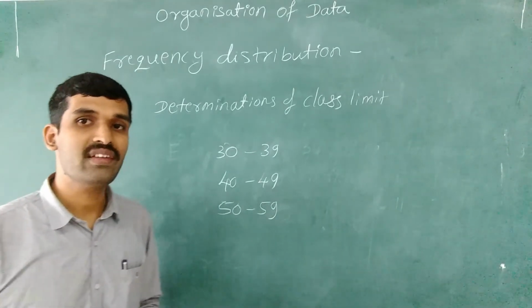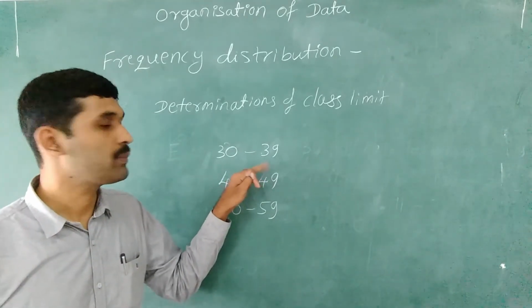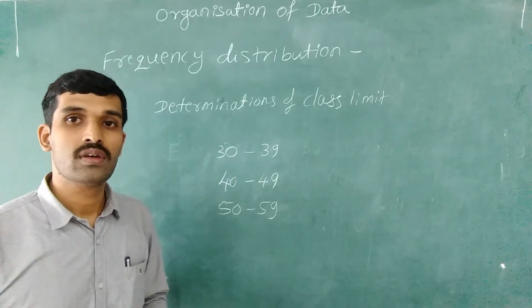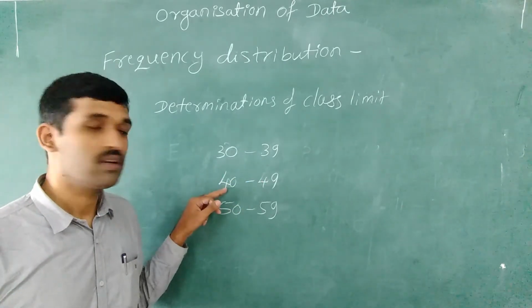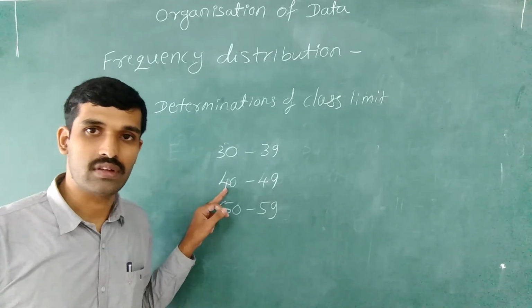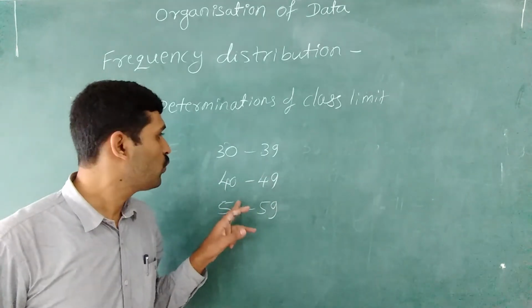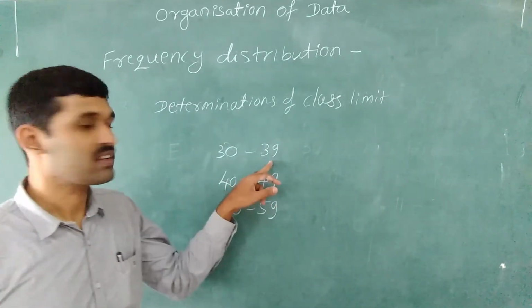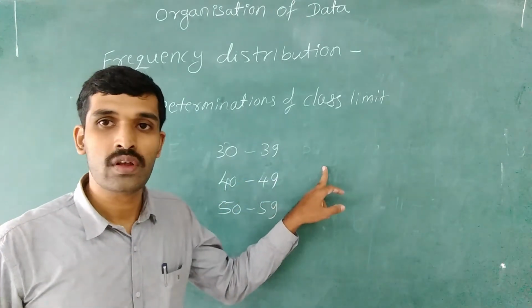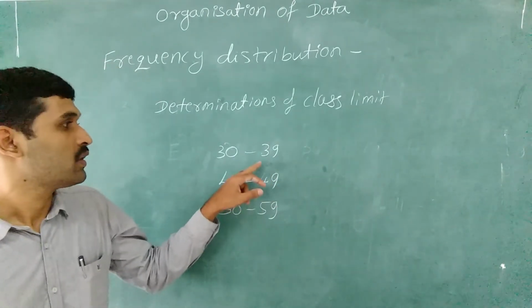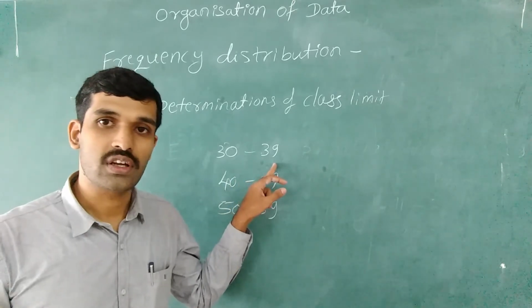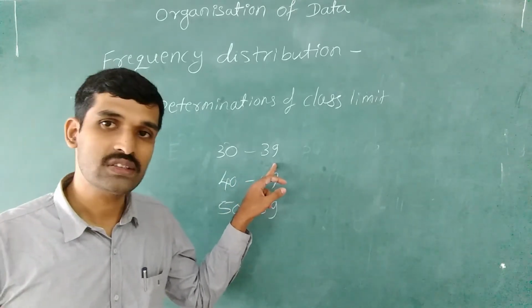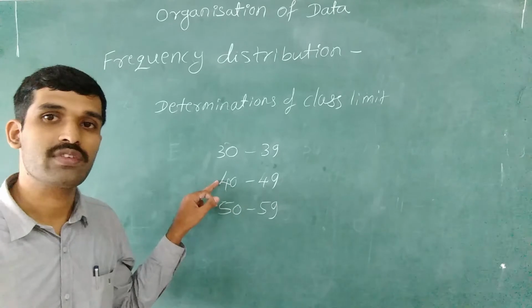Here you can find the difference between the upper limit of the first interval and lower limit of the second interval. The difference is 1. 40 minus 39 is 1. So this is the difference between the upper limit of the first class and lower limit of the second class.